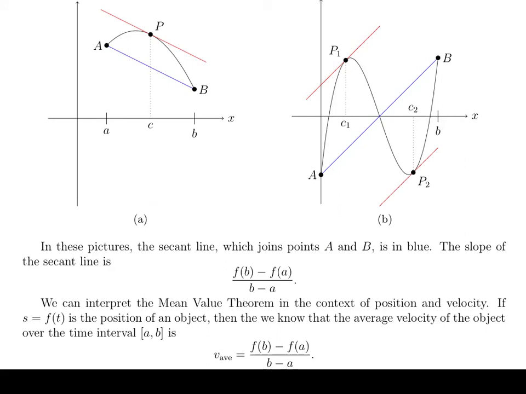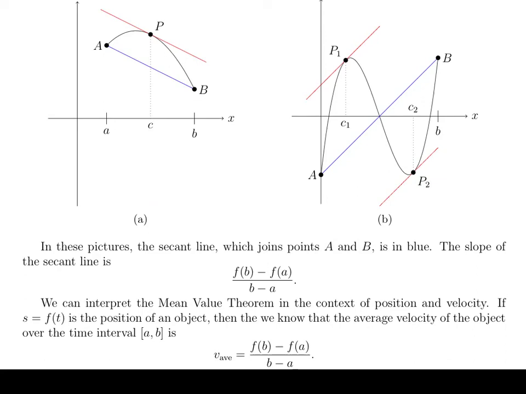Now, we can give an interpretation of the mean value theorem in the context of position and velocity. So if we have a function which is the position of an object, then we know that the average velocity of that object over the time interval from a to b is this difference quotient, f of b minus f of a all over b minus a.